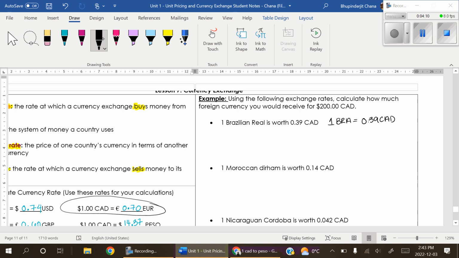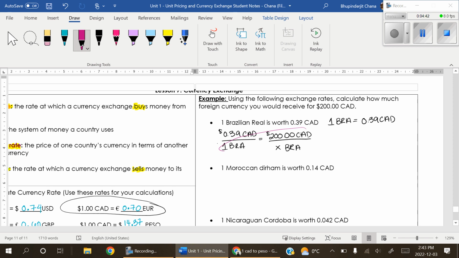So we're going to set up our ratio: 0.39 Canadian over 1 Brazilian dollar is equal to 200 Canadian over x Brazilian dollars.